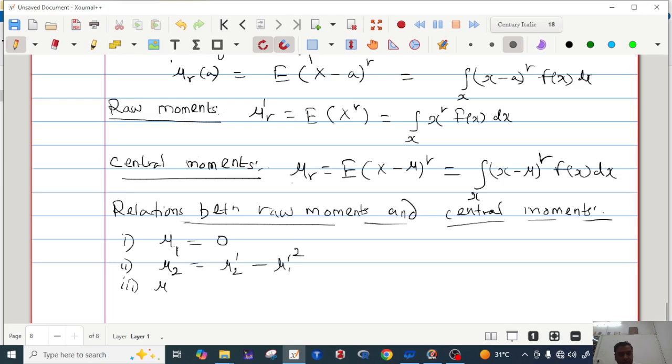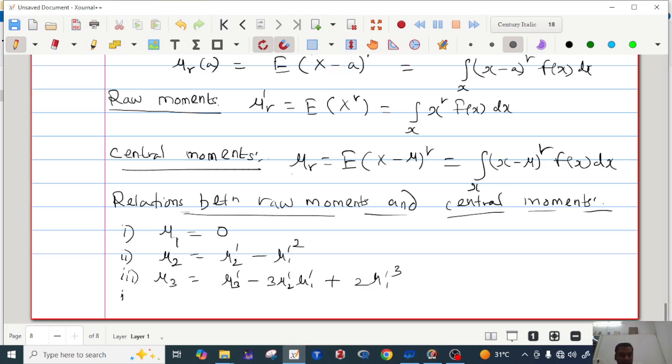Third one is mu3 is equal to mu3 dash minus 3 mu2 dash mu1 dash plus 2 mu1 dash cube.